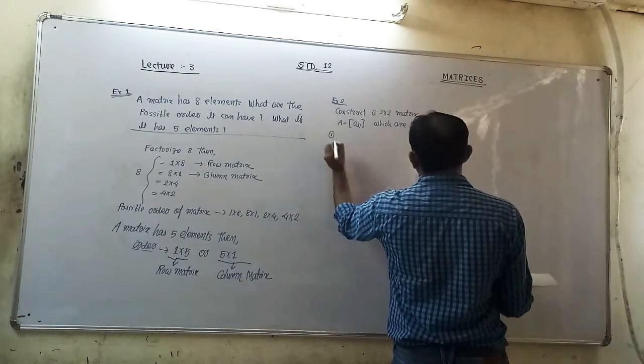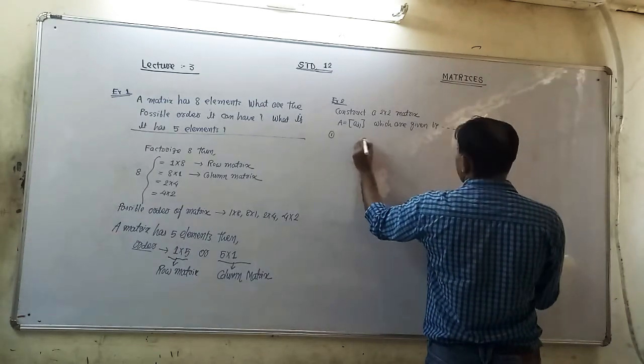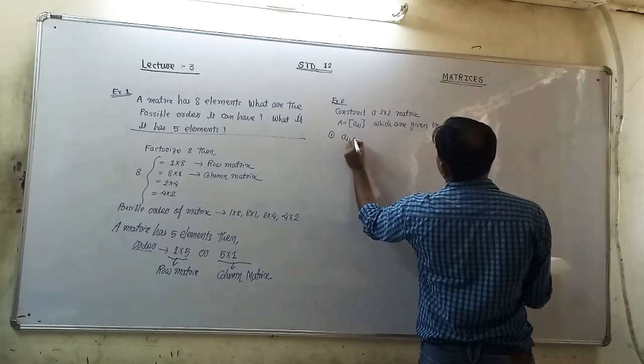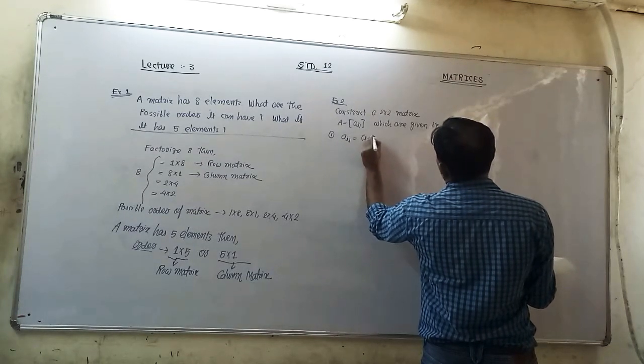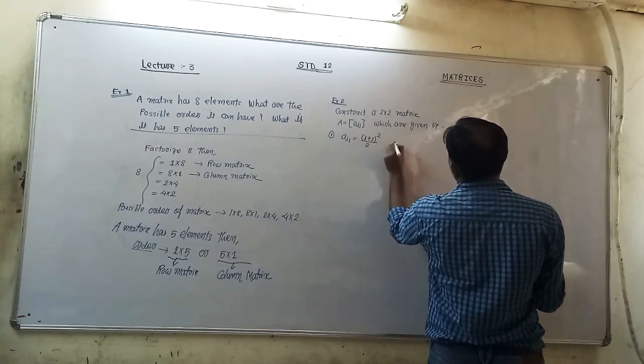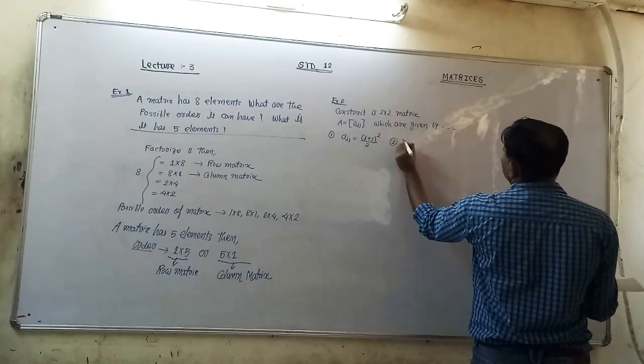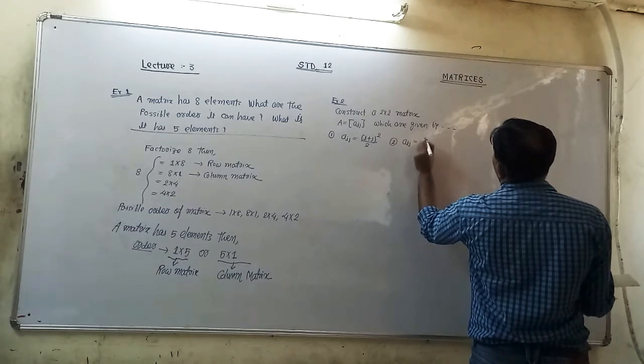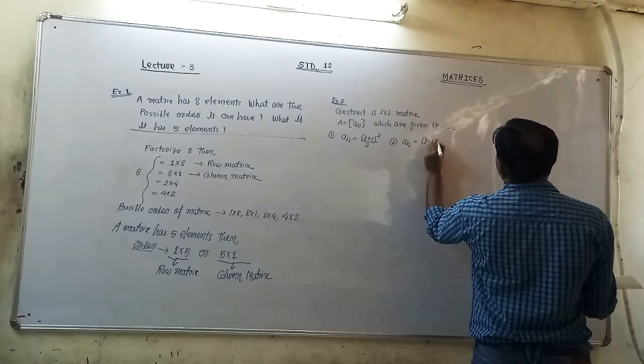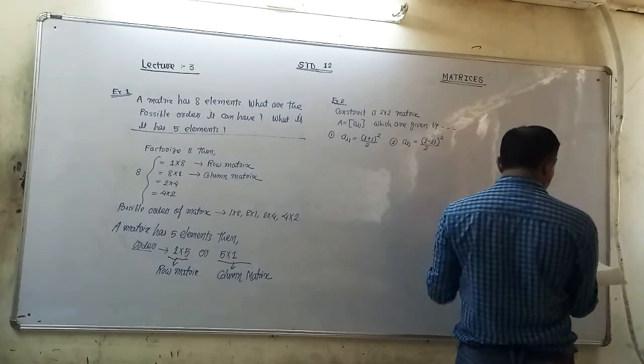First one, Aij is equal to (i plus j) whole square by 2. Second, Aij is equal to (i minus 2j) whole square by 2.